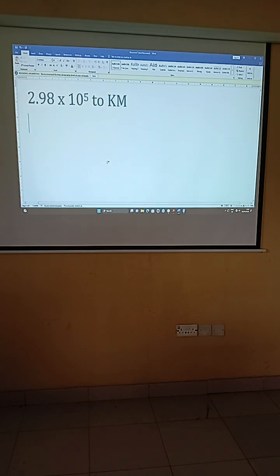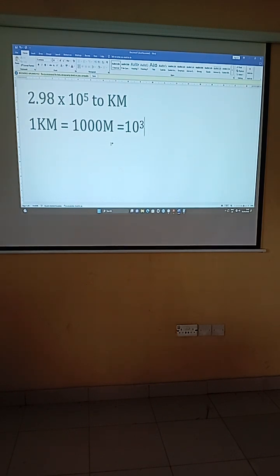Now, we already know that 1 kilometer is the same thing as 1,000 meters. And 1,000 is the same thing as 10 raised to power 3, because we have 3 zeros here. You should have known that before. For those that may not have known, take note of that. It's 10 to the power 3.